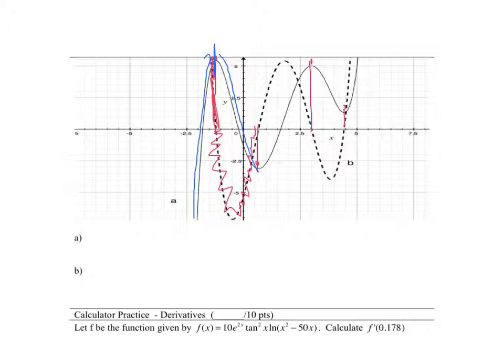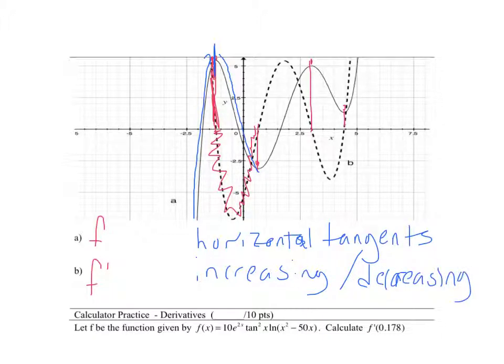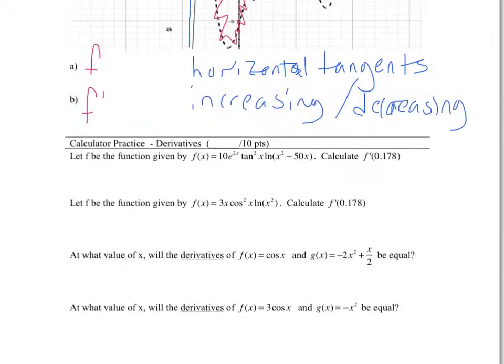That tells me really enough to say that A is our function and B is our derivative. Again, you need to say something about horizontal tangents. You need to say something about increasing and decreasing, and what that means for your pairs of functions.